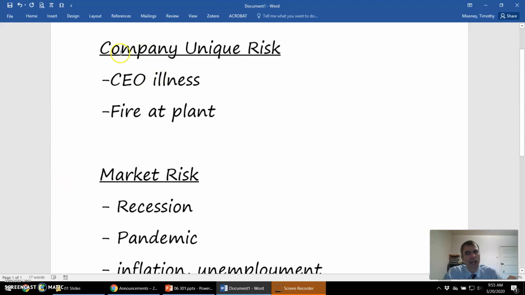If I have just one stock, a manufacturing firm, and its plant burns down, then my portfolio suffers tremendously. But if I own a lot of different stocks and the plant for one of my investments burns down, that's bad news, but the effect is minimized because I've got lots of other stocks in my portfolio.